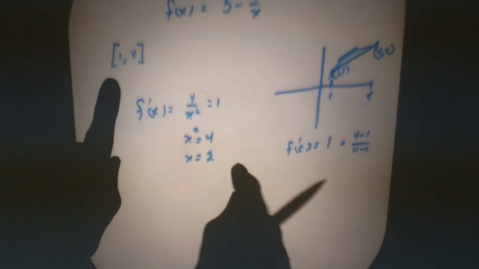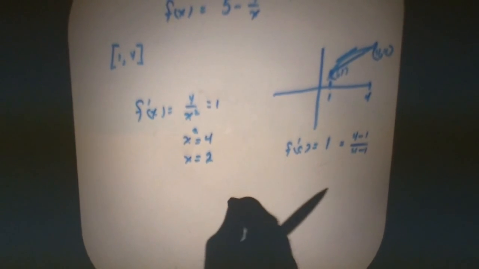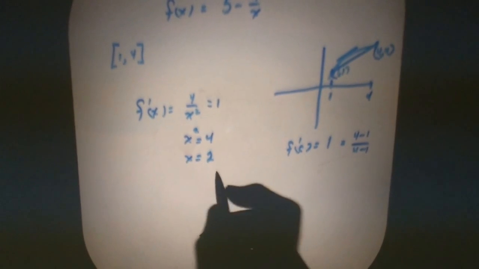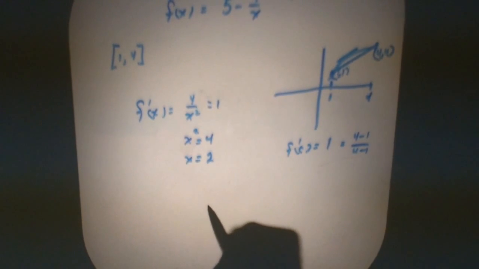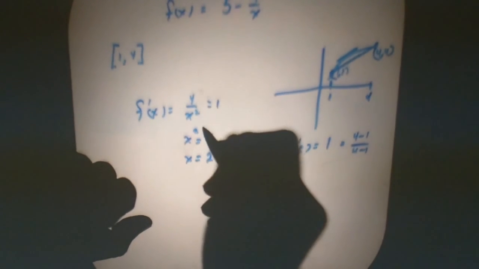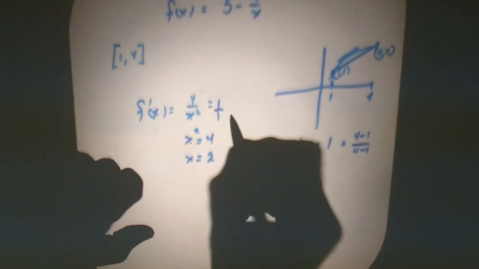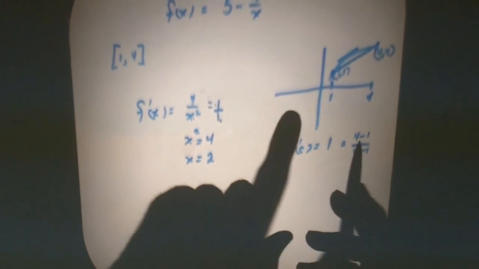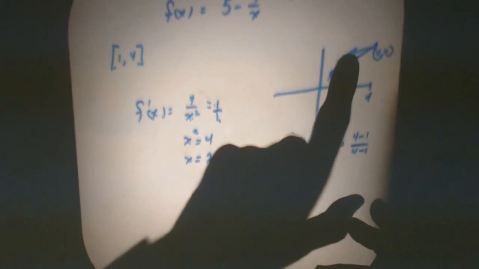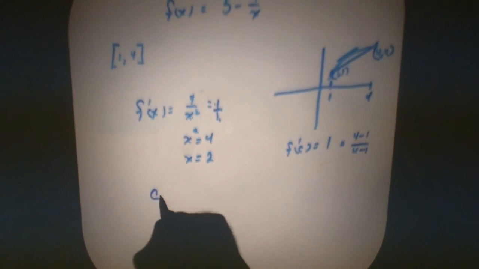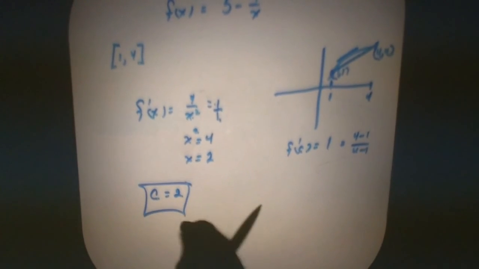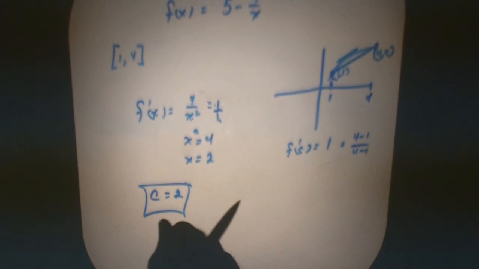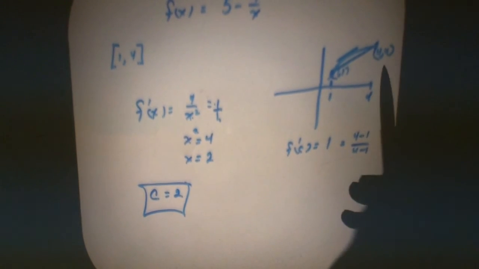Do you do it again and make it equal to 4 now or not? How come you chose 1?